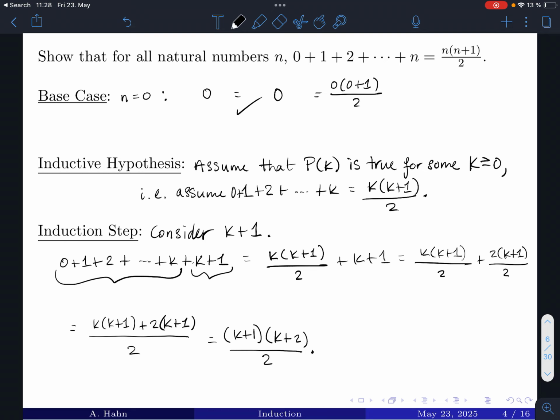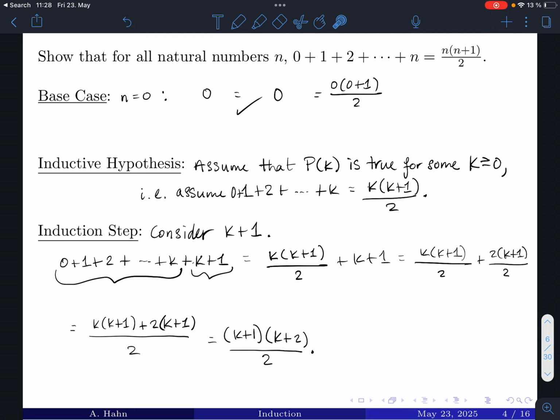Let's run through this again. What we showed was that our predicate is true for some base case, so it's true for n equal to 0. And then assuming that the predicate is true for some k value, and using that, we can show that the predicate is true for the next k value as well. We just showed that the sum from 0 all the way up to k plus 1 is equal to k plus 1 times k plus 2 divided by 2.